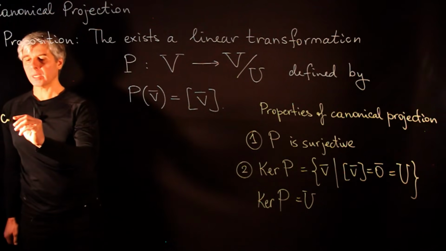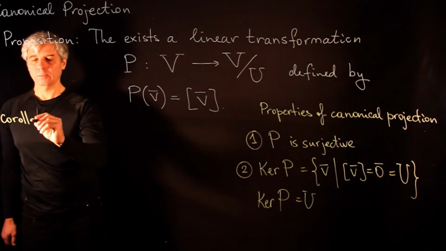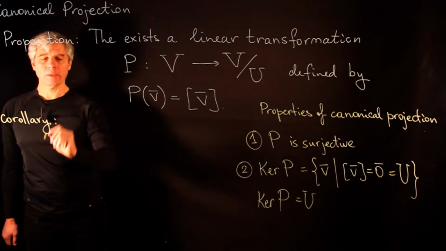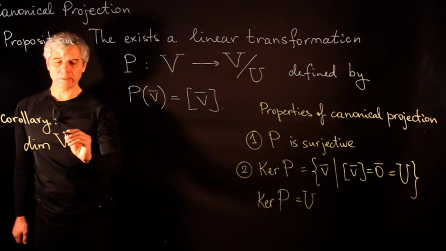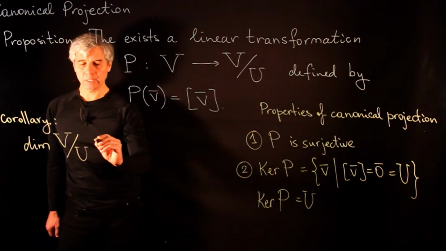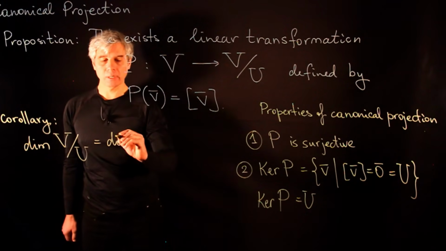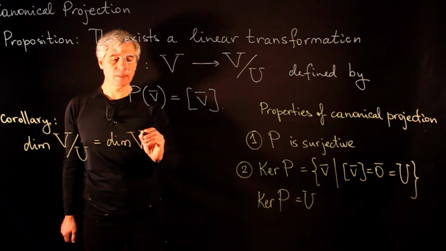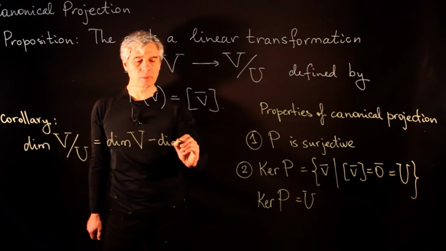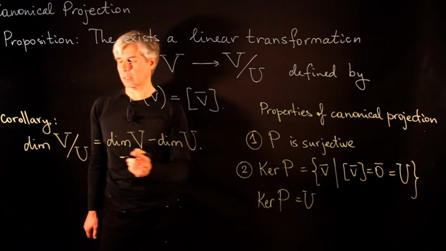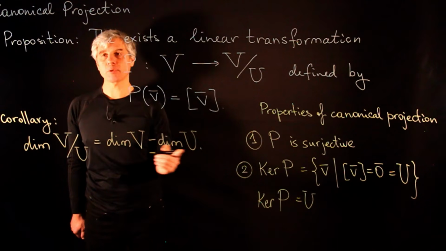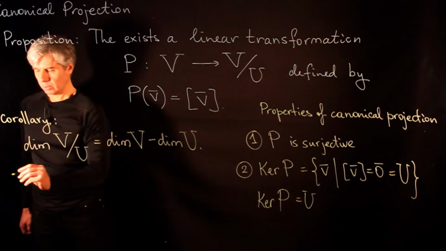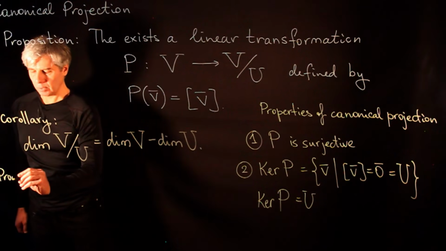Now we get the following corollary: the dimension of the quotient space is equal to the difference of dimension of V minus dimension of U. And so what we see is that the quotient space is an analog of the subtraction operation. So how do we prove this?